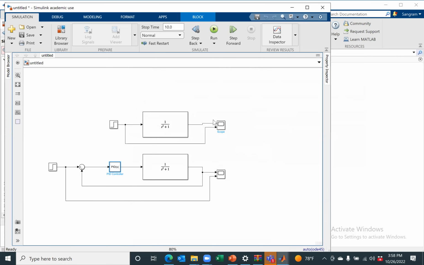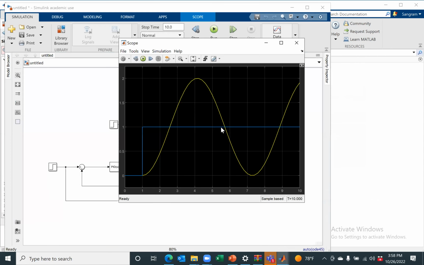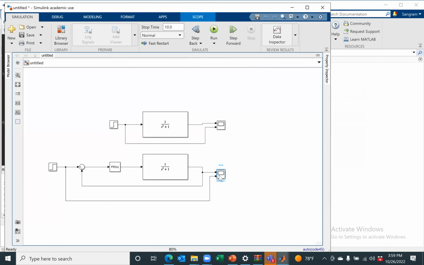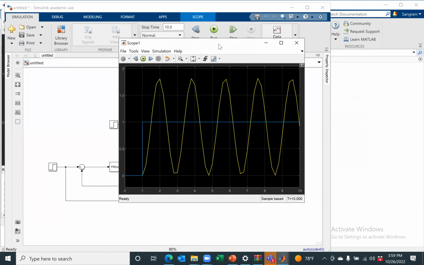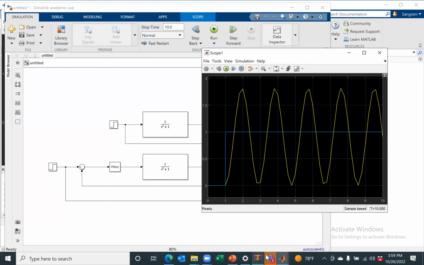Run these two systems and see what you observe. Run both of these systems. And now click this. This is the uncontrolled system. And click this. This is the controlled system. But as you can see, this is not very well controlled.